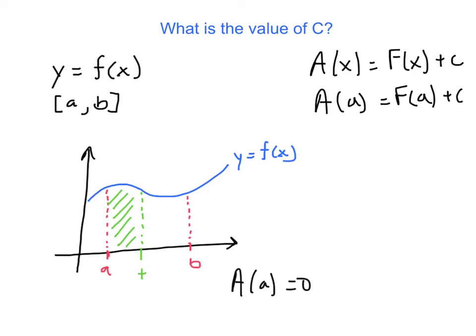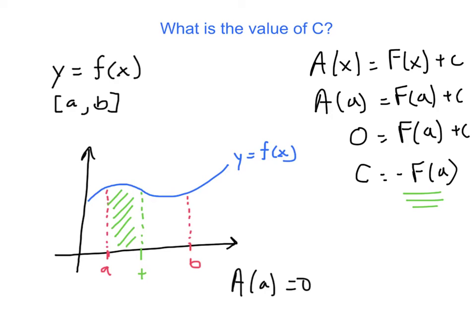And since A of a is 0, we're talking about capital F of lowercase a plus c must equal 0. So c equals the opposite of F of a. So we now know what that constant is. It's the opposite of the antiderivative evaluated at letter a.